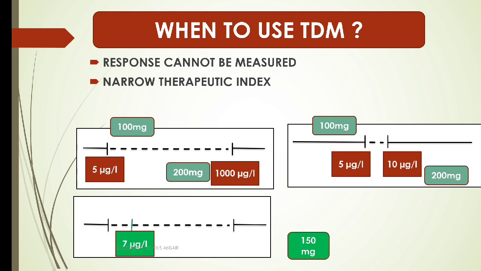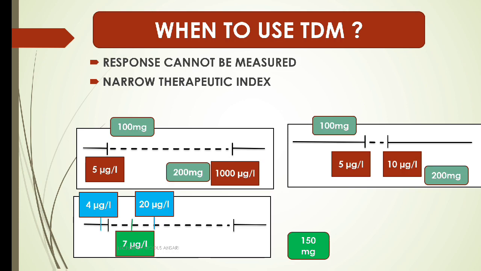But suppose 150 mg of a drug is given to one individual, and that person shows a plasma concentration of 4 microgram per liter. A second individual, given the same 150 mg dose of the same drug, shows a plasma concentration of 20 microgram per liter.